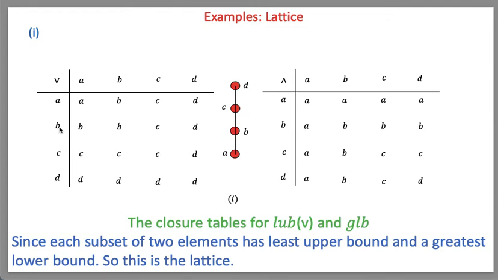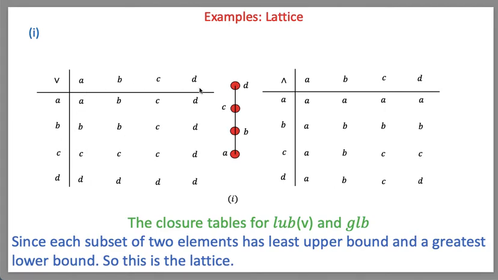Now B with A: least upper bound of B and A is B. Least upper bound of B and B is B. Least upper bound of B and C is C. Least upper bound of B and D is D.